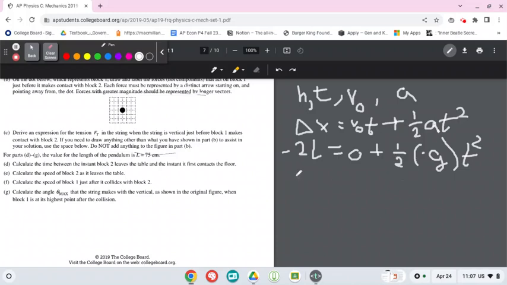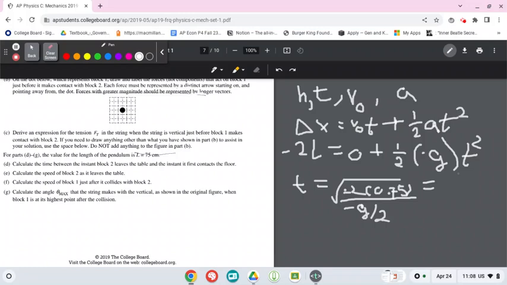If we rearrange everything, t is equal to the square root of negative 2 times 0.75 meters, over negative g. They give it to us in centimeters, but we want it in meters so it matches everything else. Let's plug that into the calculator for a second.